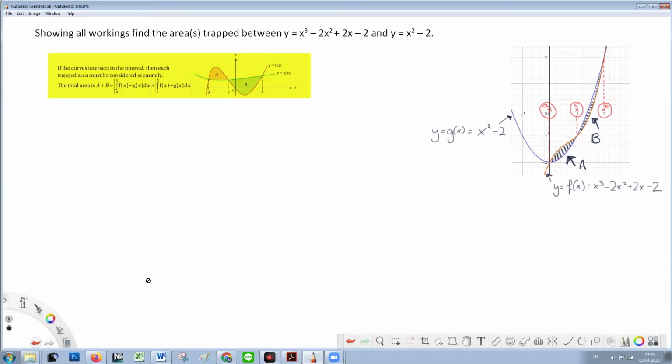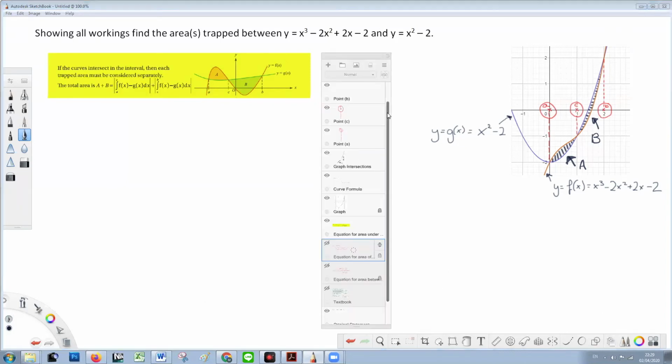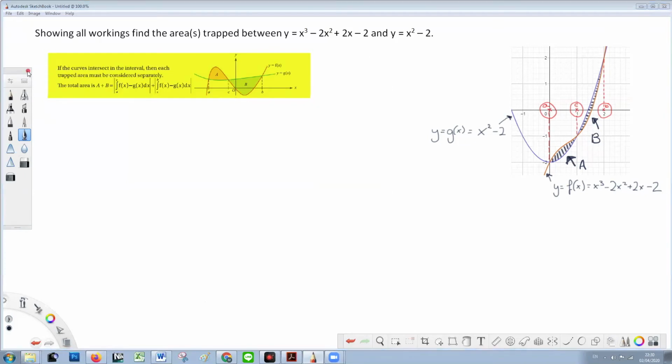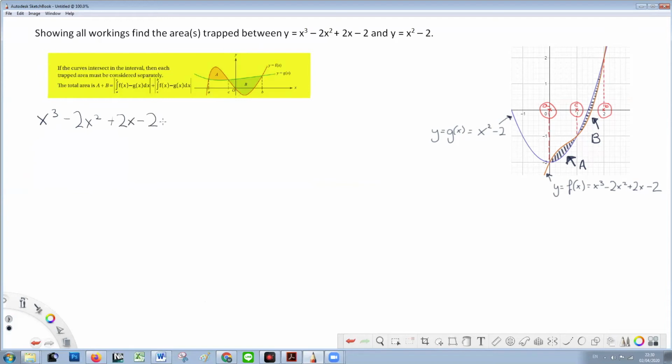So I'm going to say x cubed minus 2x squared plus 2x minus 2 is equal to x squared minus 2.